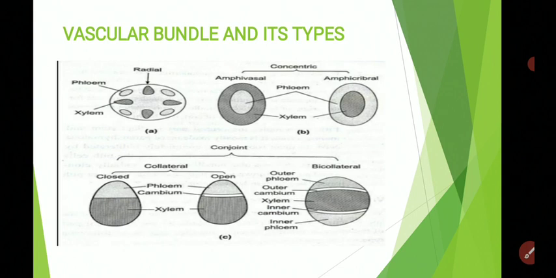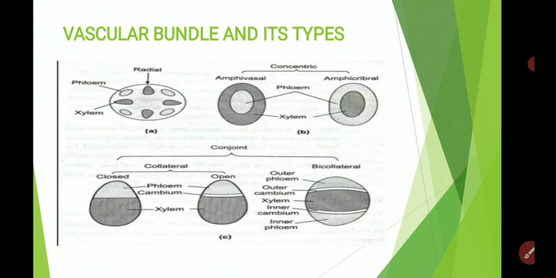which are shown here in the diagram in the slide with the help of diagrammatic representation. Here the dark gray color shows the xylem, while the faint gray color shows the phloem, and their arrangement is shown diagrammatically here.